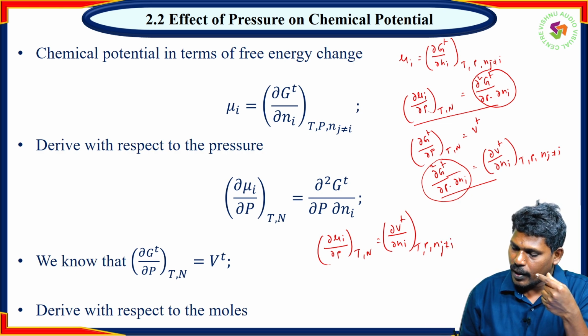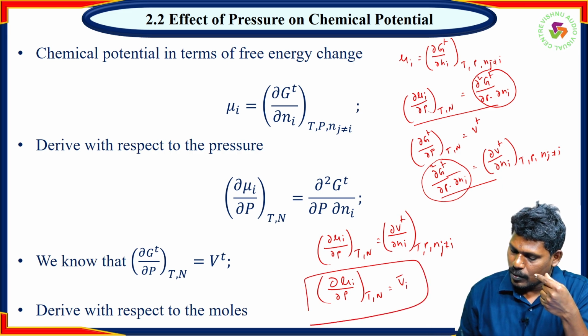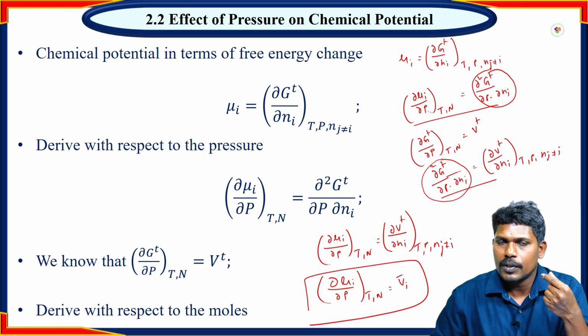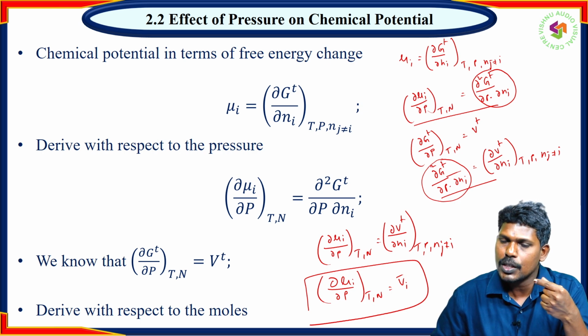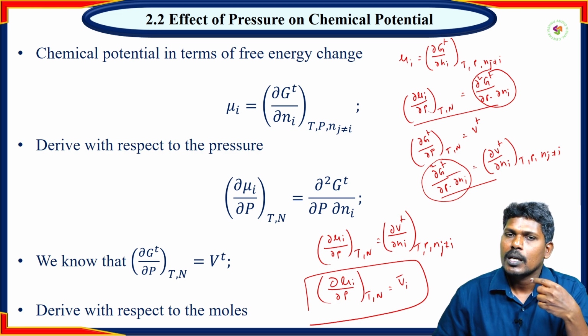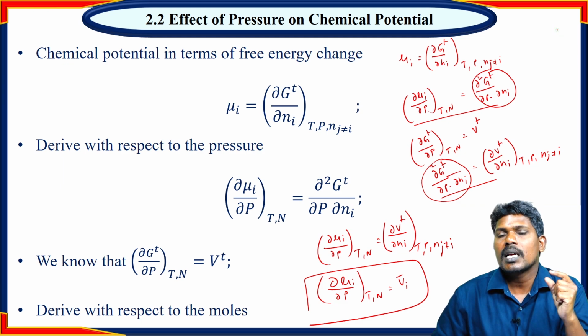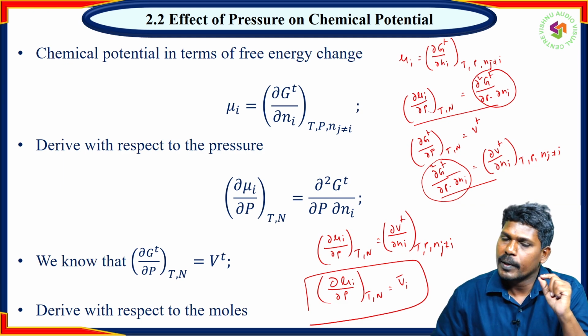In the same way, we can write ∂μi/∂P at constant temperature is equal to V bar i. With respect to the pressure, the change in chemical potential of a particular compound in a mixture is equal to the partial volume of that particular compound.